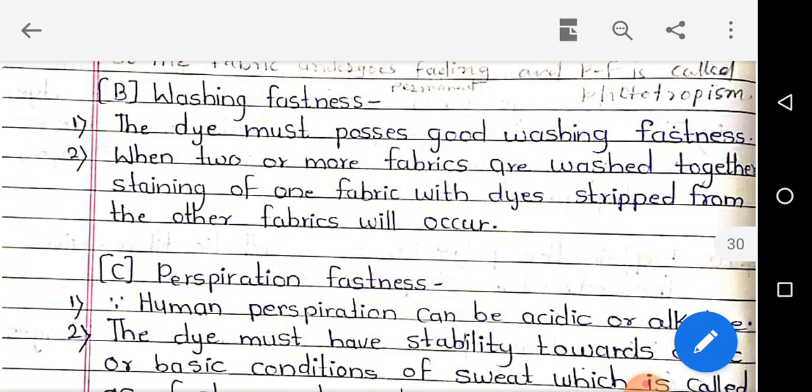At that time, if any cotton cloth loses its color, that affects the others also. So this property is most important, that is the washing fastness property.